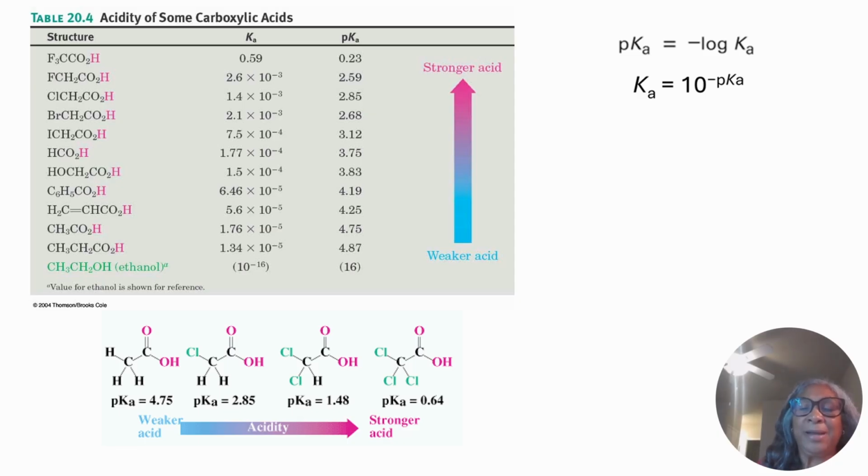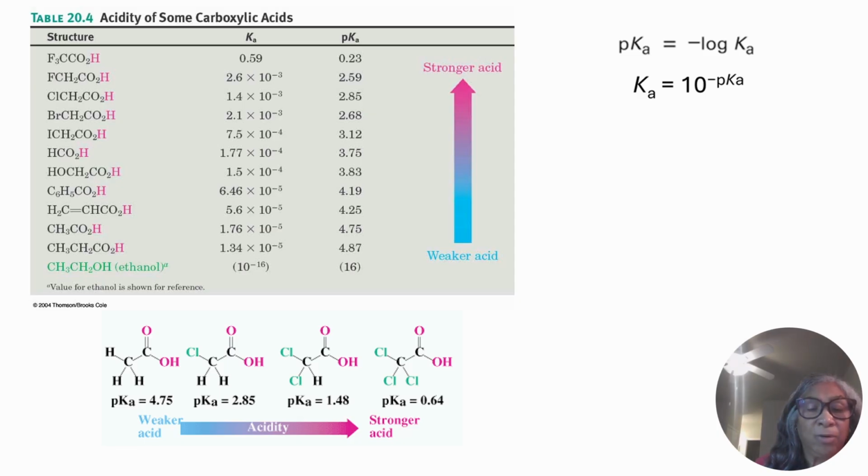Now we know that pKa is minus the log of the acidity constant, and what I want to show you with this table is several pKa's and these structures of acetic acid, vinegar, where we are replacing hydrogens.